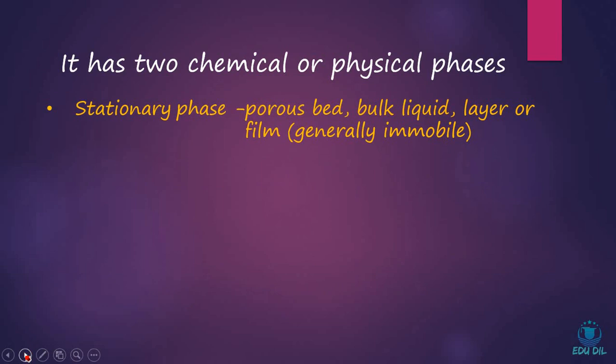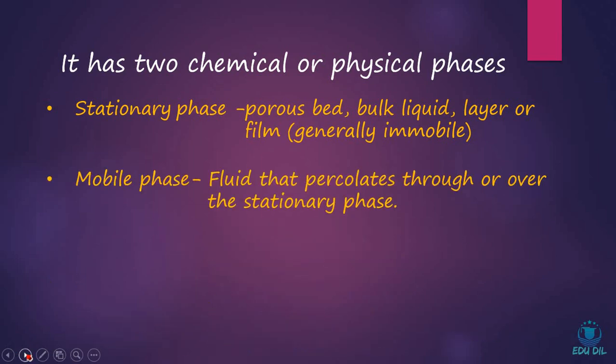The first one is the stationary phase, which can be a porous bed, bulk liquid, layer, or otherwise a film that is generally immobile. The second one is the mobile phase, which is a fluid. It can be either gas or liquid that percolates through or over the stationary phase.